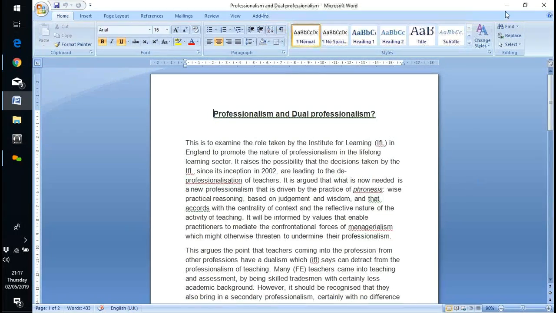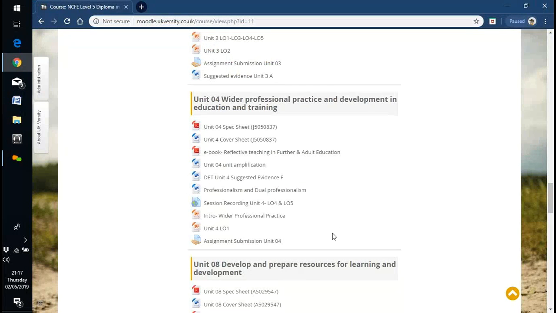So that's there. That gives you some background on that. There's a session recording for Unit 4, and an intro to wider professional practice. PowerPoint on there. You've another PowerPoint on Unit 4 L01, and basically that's the unit.